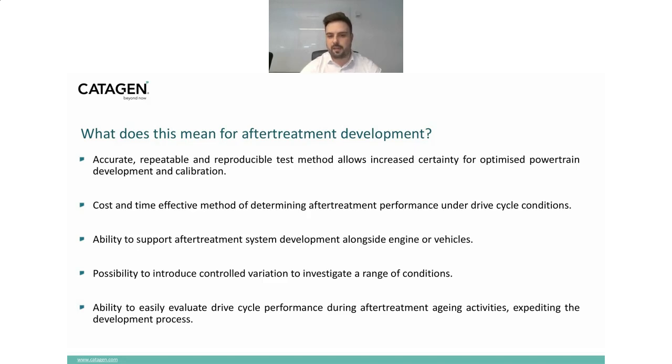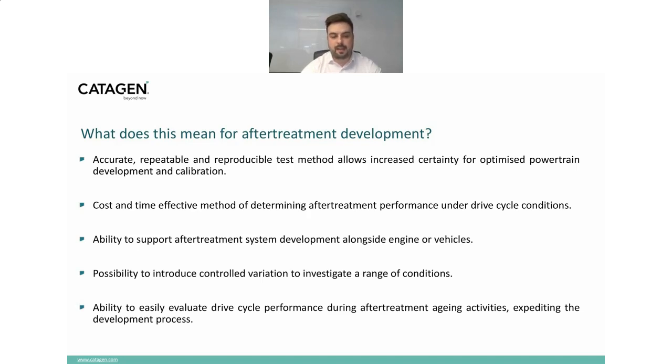So rather than having to actually make changes to an engine or a vehicle or an ECU calibration, we can understand, okay, if we make this small change, it may change condition X, and then we can understand what impact that has on after treatment system performance. And I think this is extremely valuable in that it effectively allows us to have a very flexible test bed upon which we can introduce this controlled variation and complete a lot of test work very time efficiently.